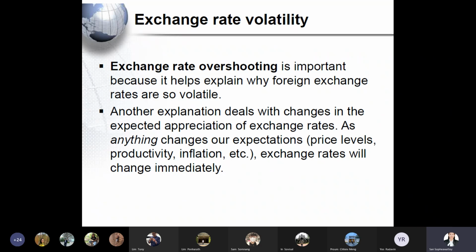So the exchange rate responds immediately to a change in our expectations, in the short run as well as in the long run. So what happens in the short run for the exchange rate is something that we expect in the long run.